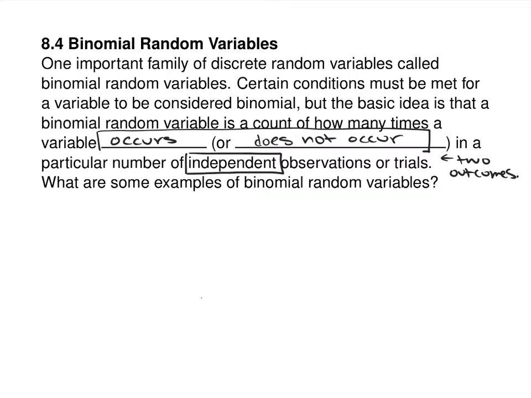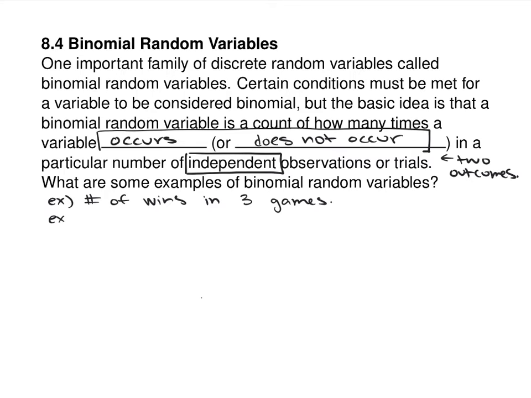So, for example, the number of wins in 3 games. The two outcomes are that either you win or you don't, and we assume that one trial is independent from one to the next.